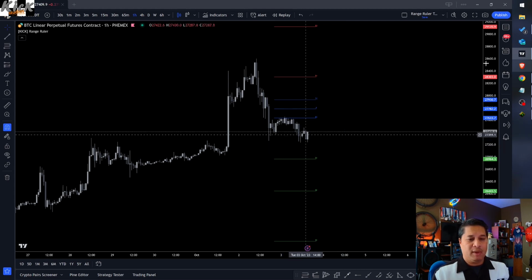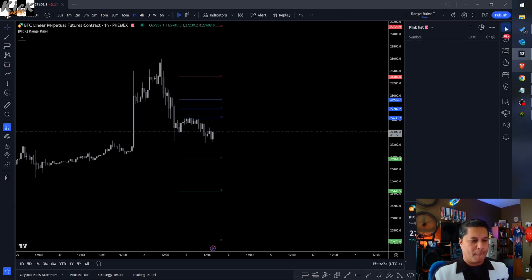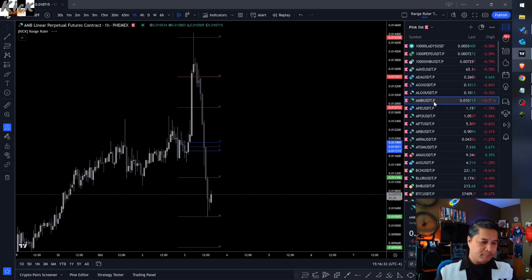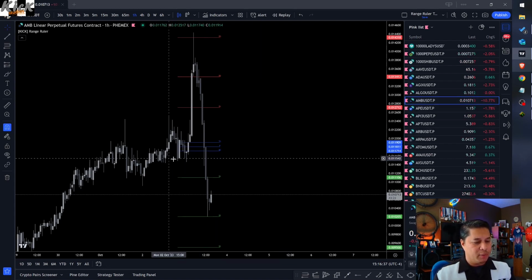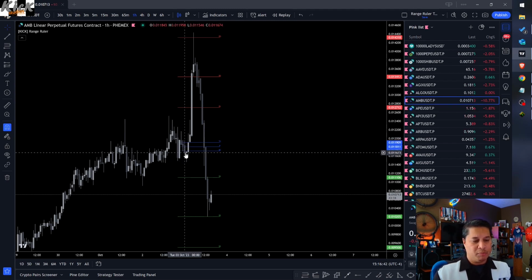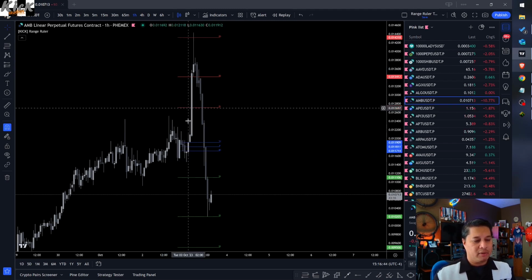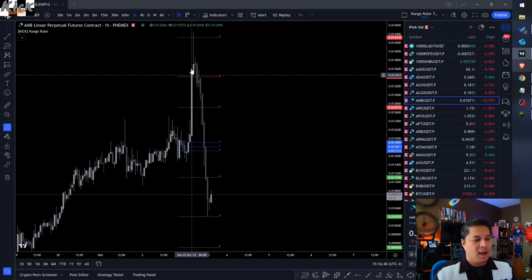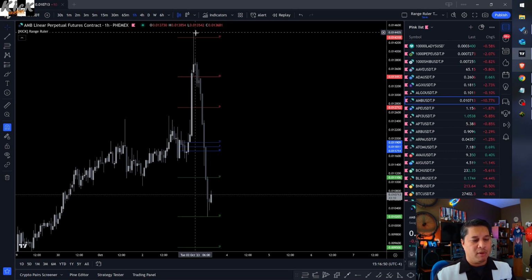So let's take a look at some other symbols here. This one looks like it was pretty volatile today. If you take a look at this one, we opened here, played around the central pivot range for a little bit, and then price just shot up like crazy, broke straight through R1, straight through R2, and went all the way up to R3, where it did reverse.